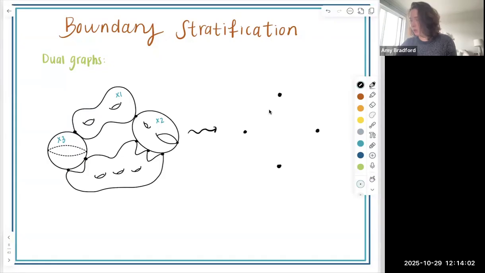For every node that sits in between two components, I'm going to draw an edge. So there's an edge here. There are two nodes connecting this one. There are three nodes connecting these two components and one node connecting these two components.